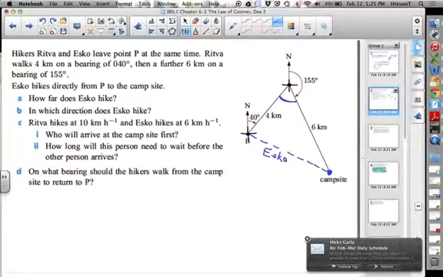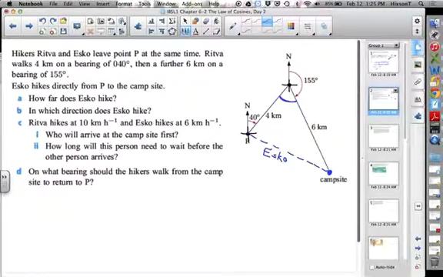If you look here, this is where drawing the north, south, east, west comes in handy. This was 40 degrees, which means so is this part of that angle. Notice that's not the entire angle we're looking for. We know the other part is 180 minus something.